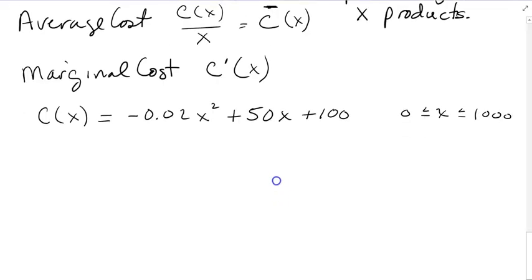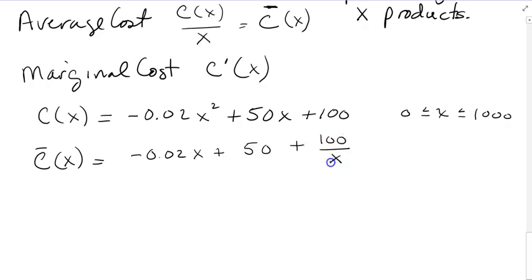So, let's find our other functions. C bar of x, our average cost function, is going to be the cost function divided by x. So you're going to divide each term by x. x squared goes to x, 50x just goes to 50, and it becomes 100 over x.